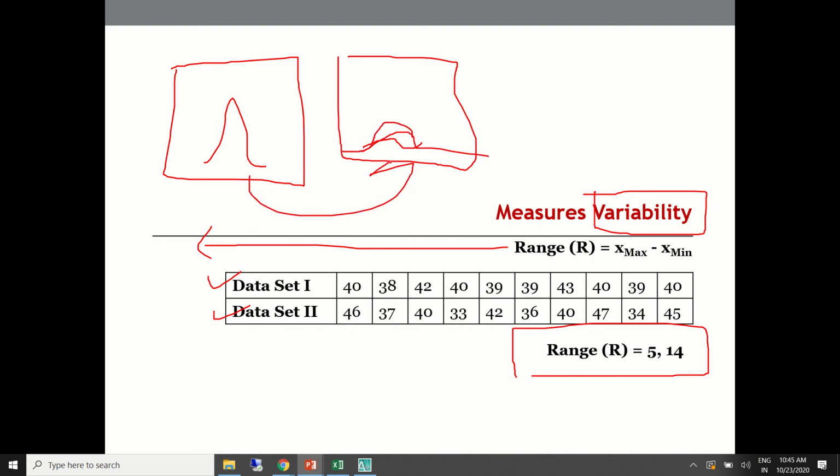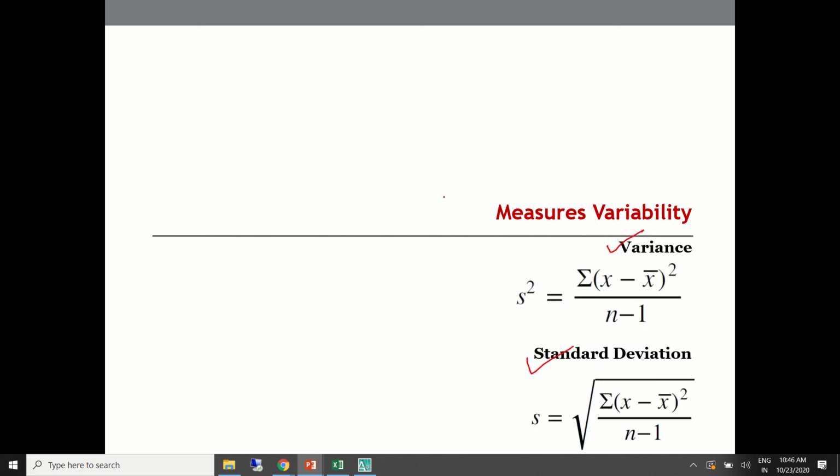How much the data is varied, based on that, we will be able to make a judgment on the quality of data, or whether we are getting the correct samples or not. All that can be commented just by looking at the data set plotted graphically. Range is a similar one where we can do this. We'll be able to understand the maximum, the minimum, and the variability between the higher and lower numbers in this case.